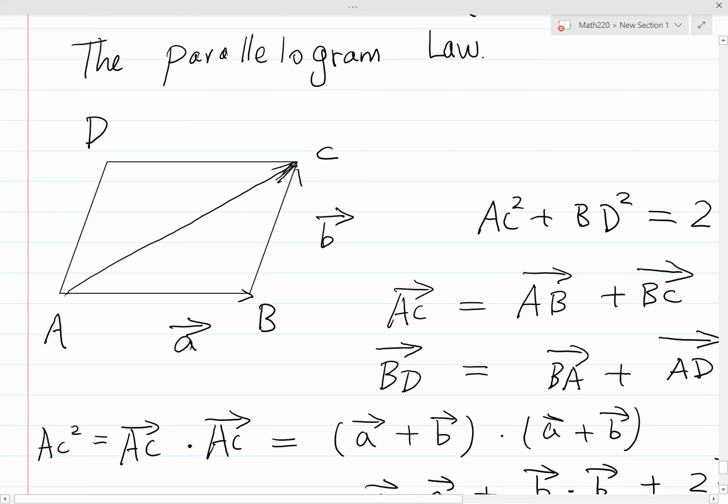So this vector AD is exactly the same thing as B. A vector you can translate by parallel, so you again get the same vector, because the direction does not change and the magnitude does not change. Remember, a vector is determined by its magnitude and direction. As long as they have the same magnitude and same direction, they are the same vector. Okay, thank you.